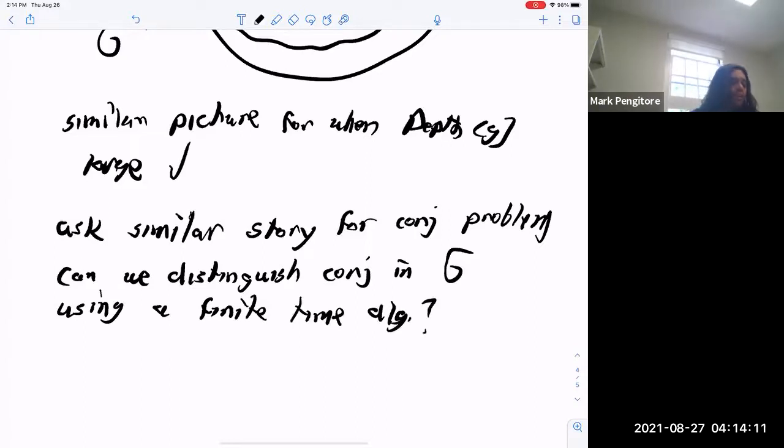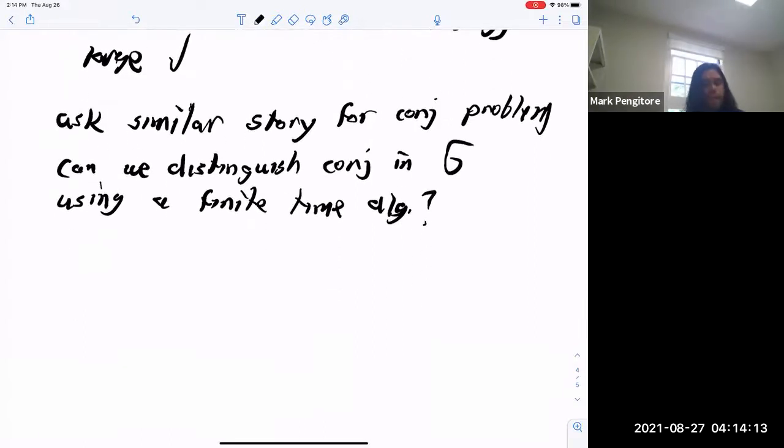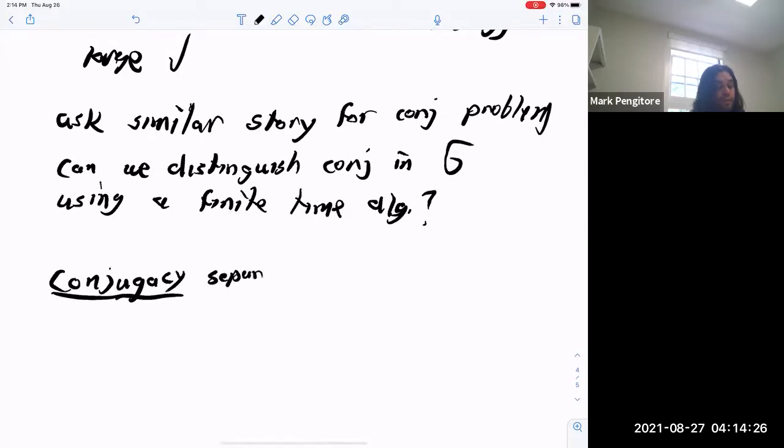Okay, so this is the conjugacy problem. And then we have a conjugacy variant of residual finiteness called conjugacy separability.